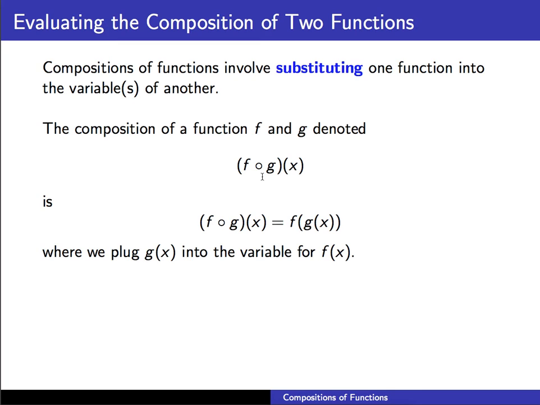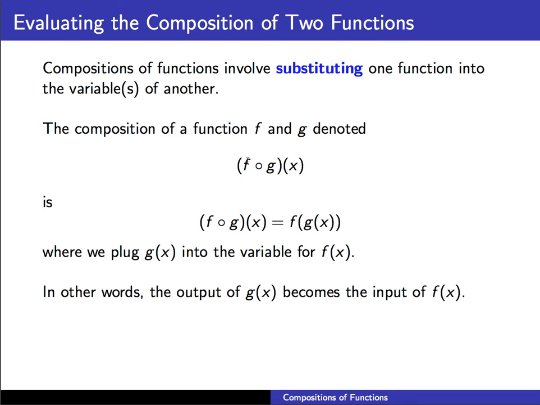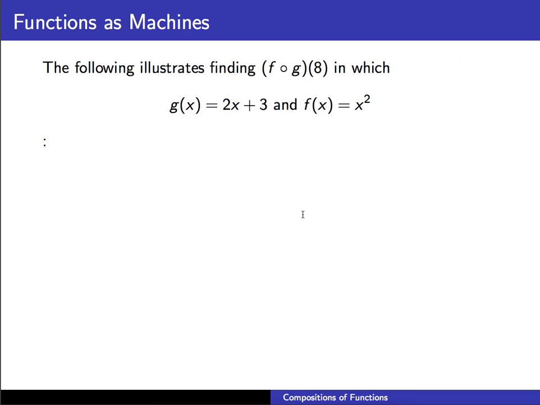It's not multiplication, so be careful with that, especially if the circle's not drawn large enough. You might get this confused for multiplying f times g when it is a composition, so we want to take g and plug it in for f. So in other words, the output of g of x is going to become the input of f of x. So we'll figure out what the output of g of x is and plug that in for f of x.